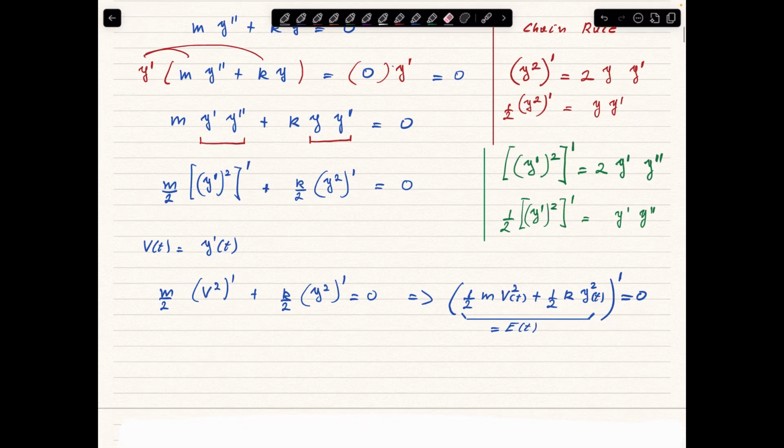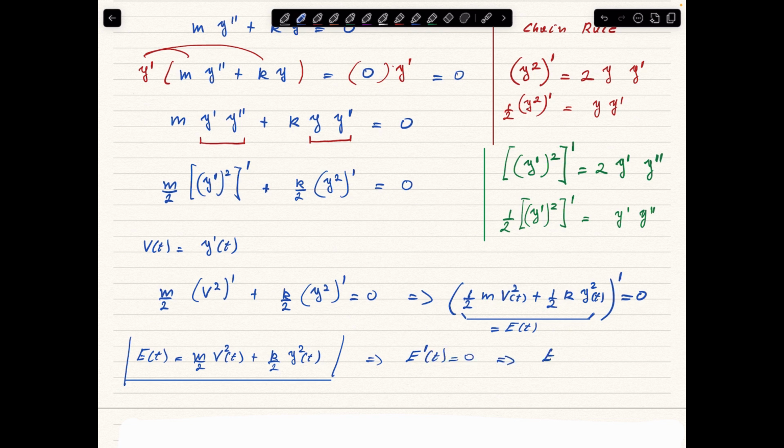And then what we have discovered is, if we introduce this quantity E of t, which is mass over 2 v squared plus k over 2 displacement square, because of Newton's equation of motion, this quantity satisfies that E prime is 0, which means that this quantity, the energy, has to be constant, and if it's constant, it is equal to the initial energy.